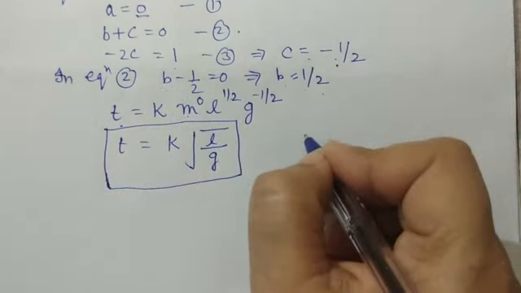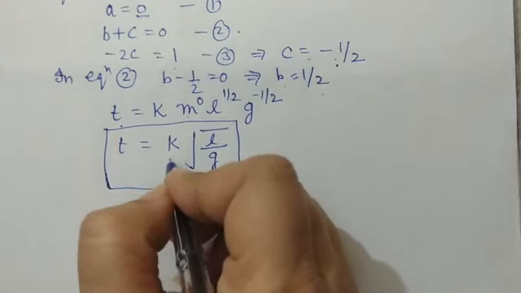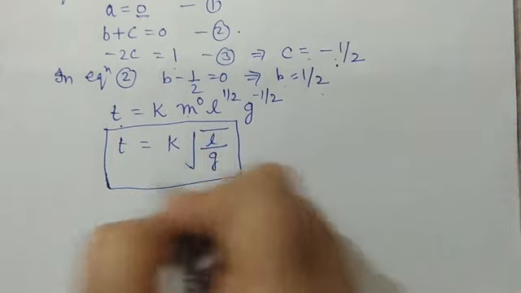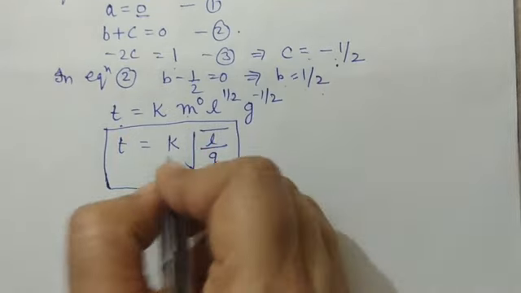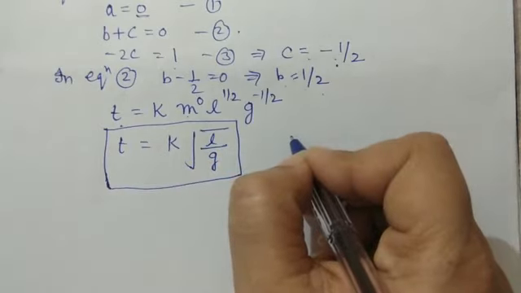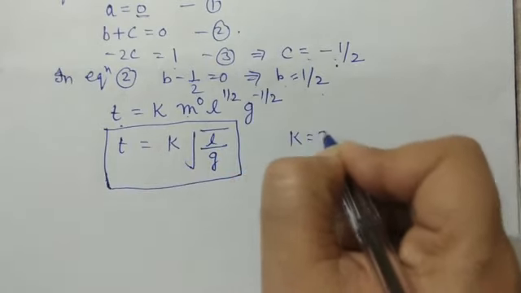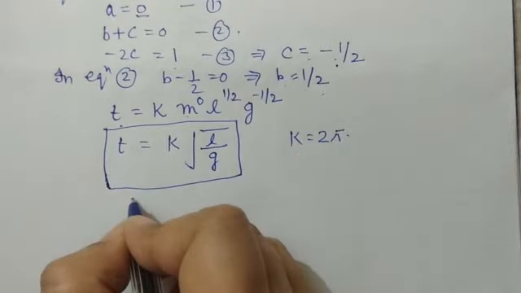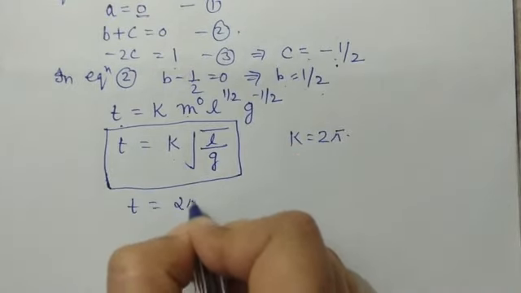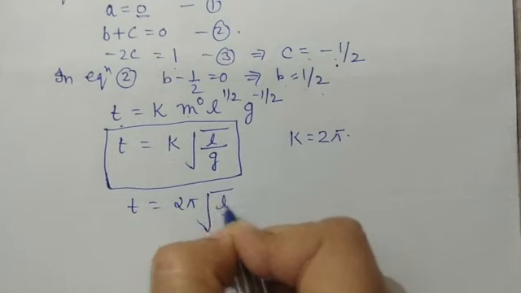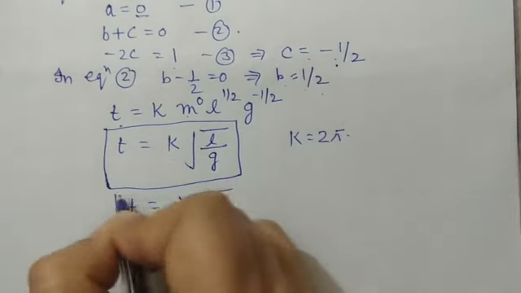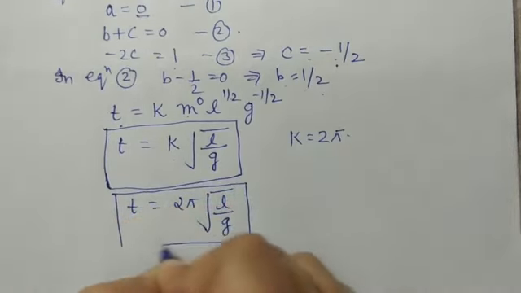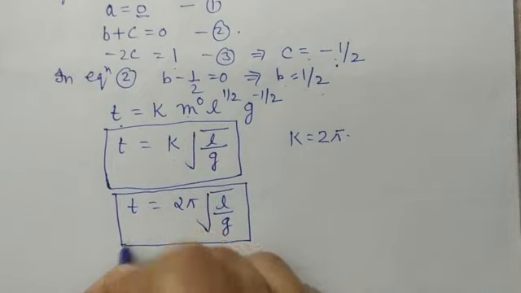If we know the value, then we can place it here; otherwise, we can leave the formula as it is. I know that here k is equal to 2 pi. So T will be equal to 2 pi square root of L upon g. This is the formula for the time period of a simple pendulum.